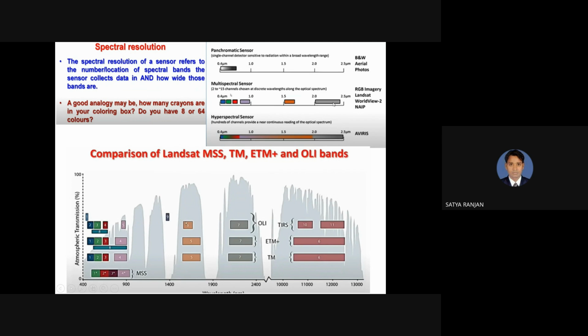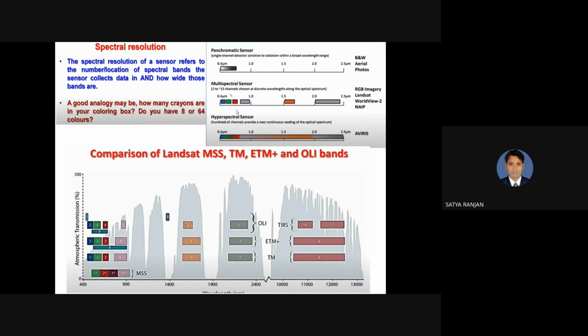Some bands are taken in this area, then this area, so some gaps are there. Based on the applications and the sensor's absorption capacity, specific bandwidths are chosen for different satellite images, because other bandwidths are not useful for other applications.